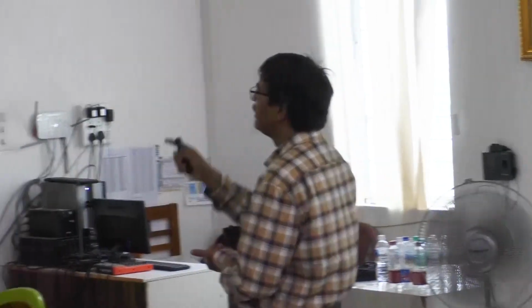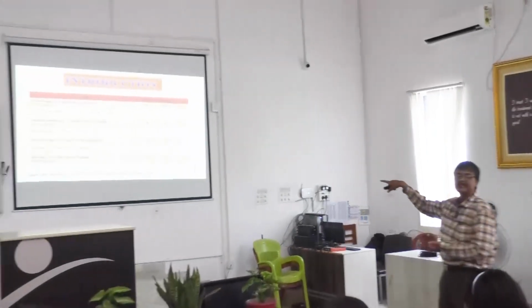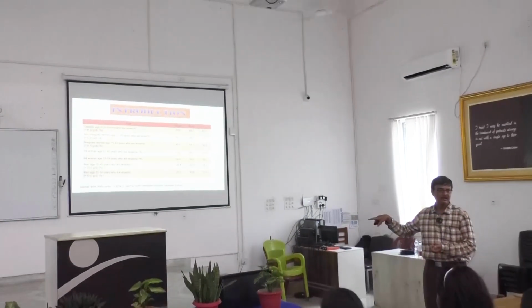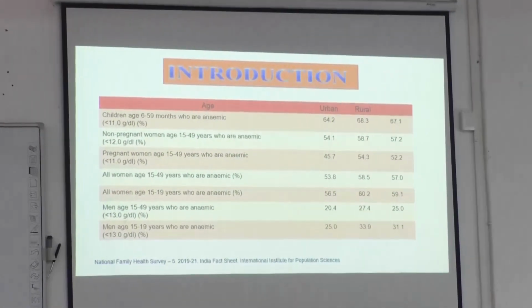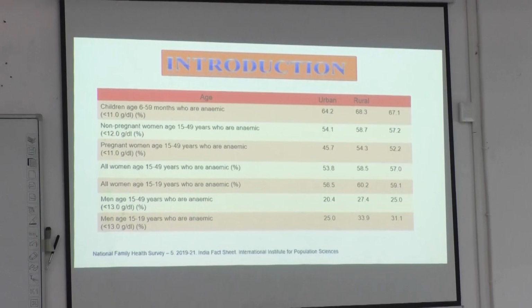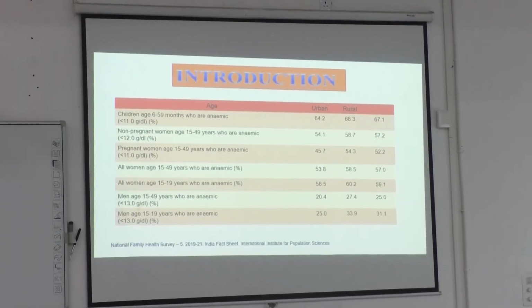Therefore, in our consideration, that is 6 to 59 months and 15 to 49 years: in 6 to 59 months, on average 67% of children are anemic, and the picture is not very good in adolescents also, because I know the adolescent data.